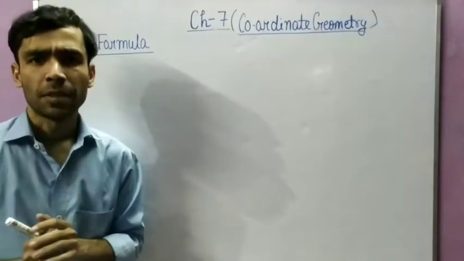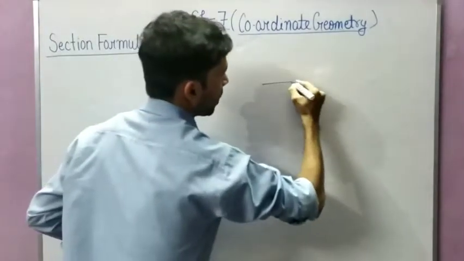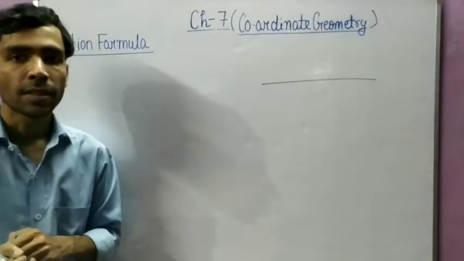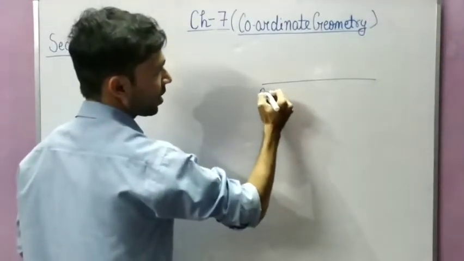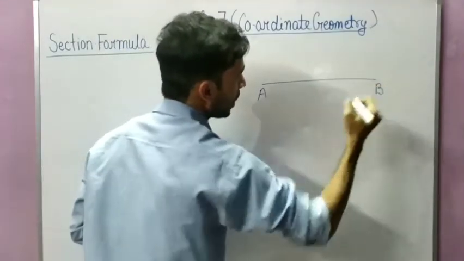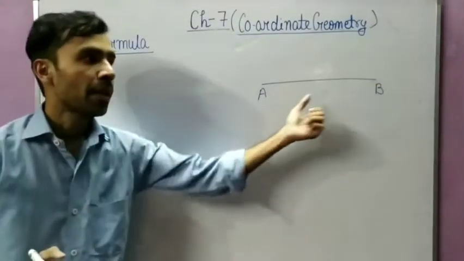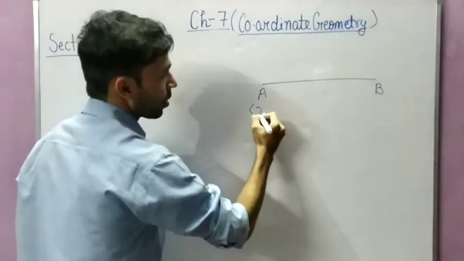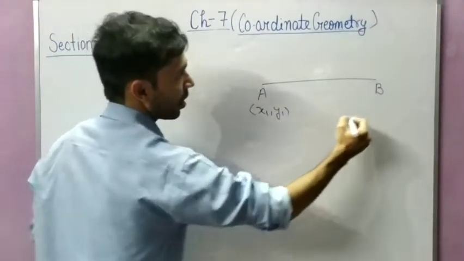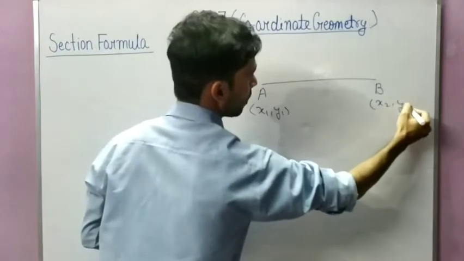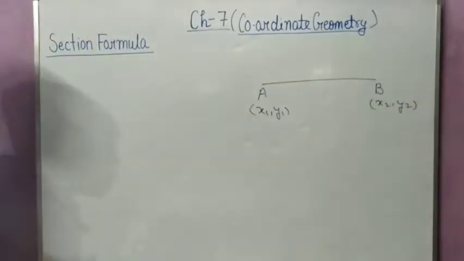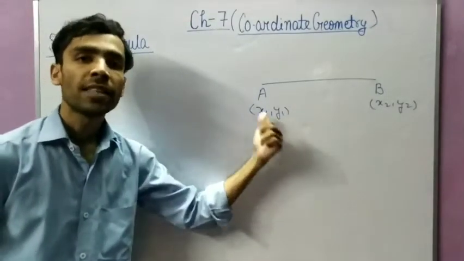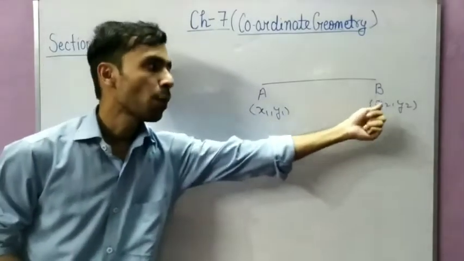So see, suppose students, there are any line segments, okay? Suppose there is a line segment like this, and we know a line segment has two end points. So suppose the first end point is A and the second end point is B, with coordinates x1 comma y1 and x2 comma y2, okay?